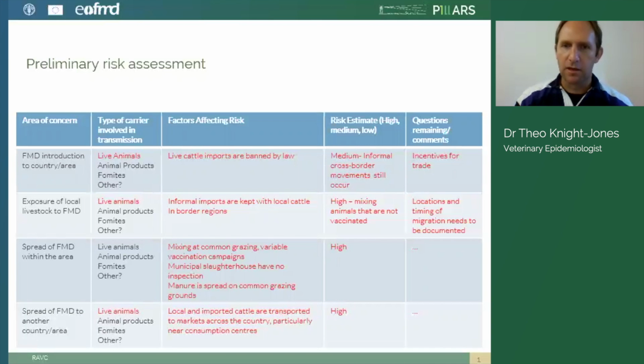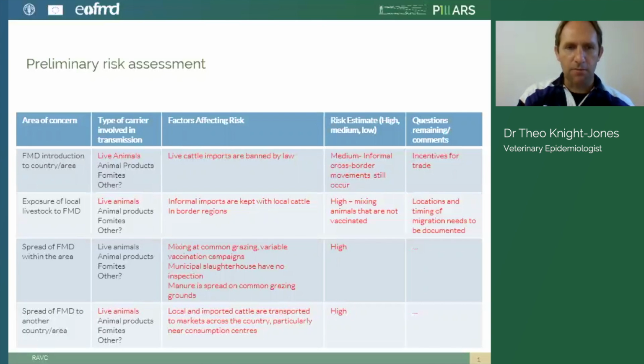But we're going to put risk as medium because we know there are informal or illegal movements across the border. And we'd like to better understand the incentives driving people to move livestock across the border, trade incentives typically. That's just an example, and you could expand on that.